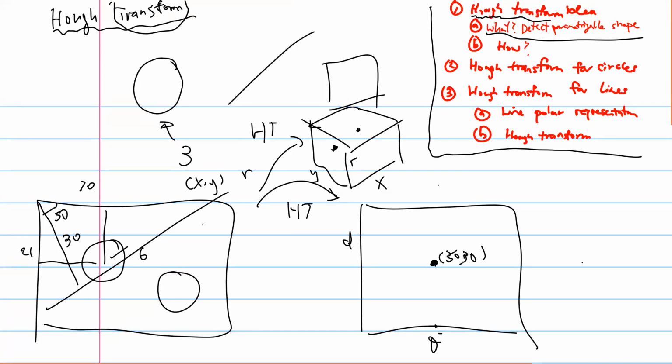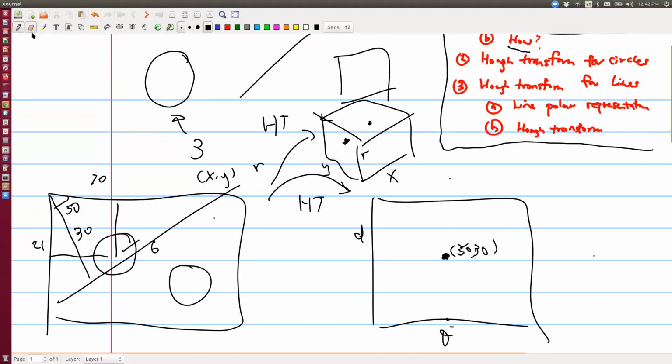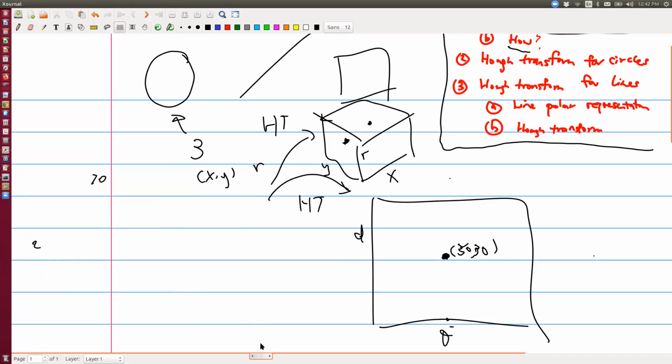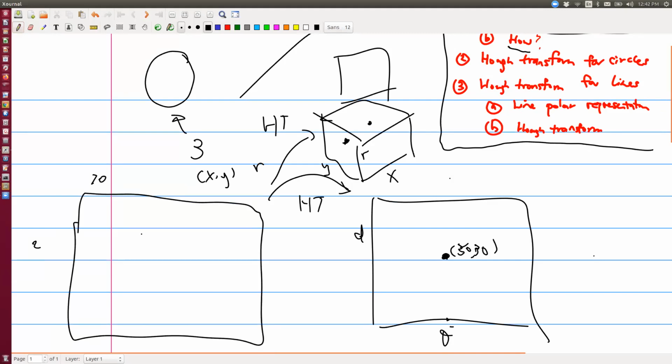Now let's go to how we do the Hough transform. Again, the idea is extremely simple. Let's go back to this image, and I have a circle, let's say here.